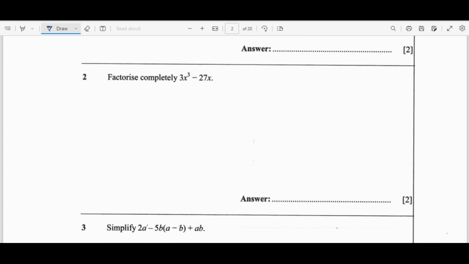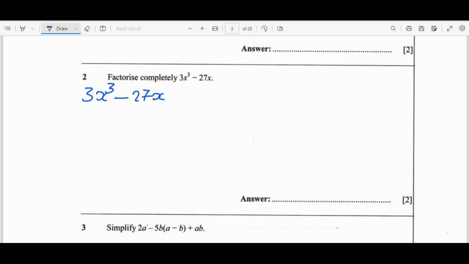So question 2 was to factorize completely. So we have 3x cubed minus 27x. The first step, we need to identify the greatest common factor. We begin with a number.